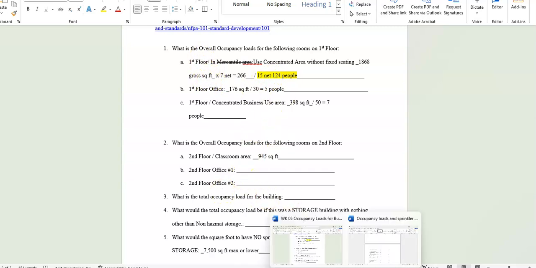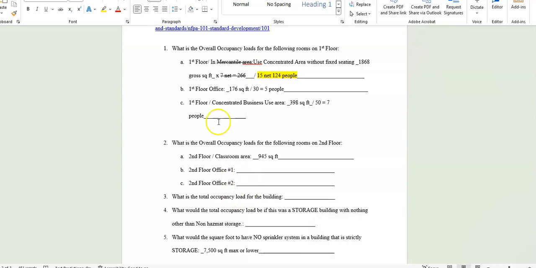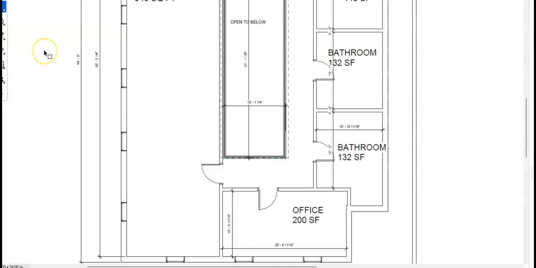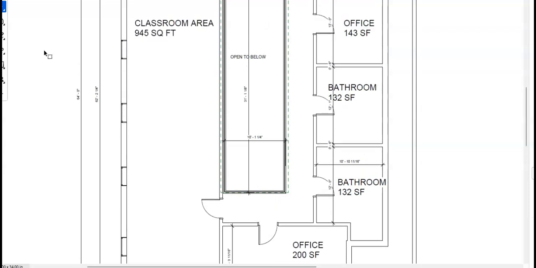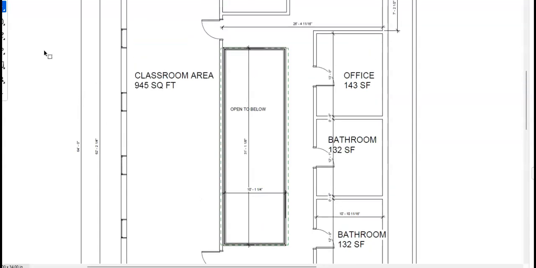So let's check out our floor plans for the second floor and figure out the last 2 offices. All right, so for the offices, the front office I already have labeled out for you, 200 square feet. And then the bathrooms, I'm not going to worry about those right this second. And then the back area is 143 square feet.